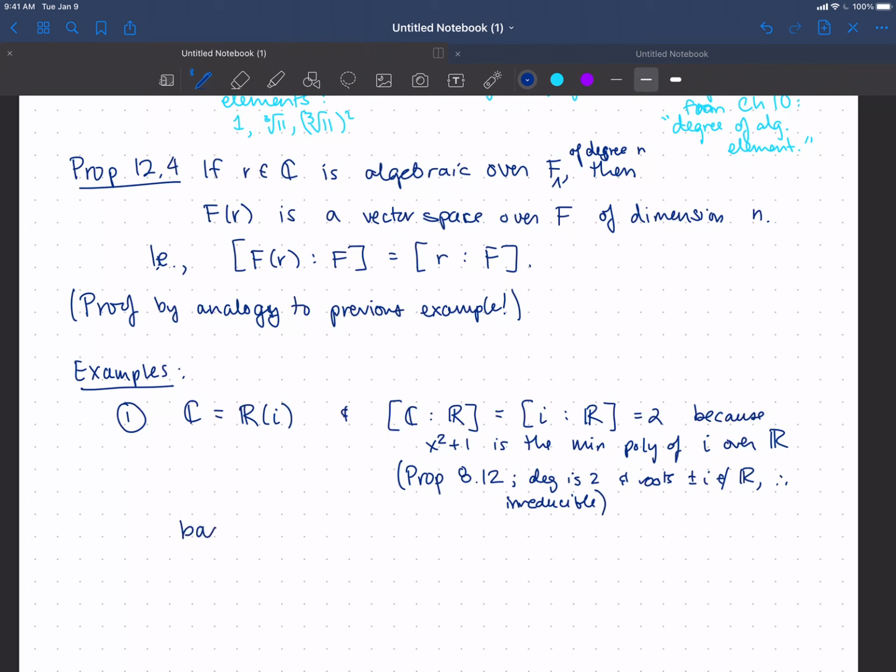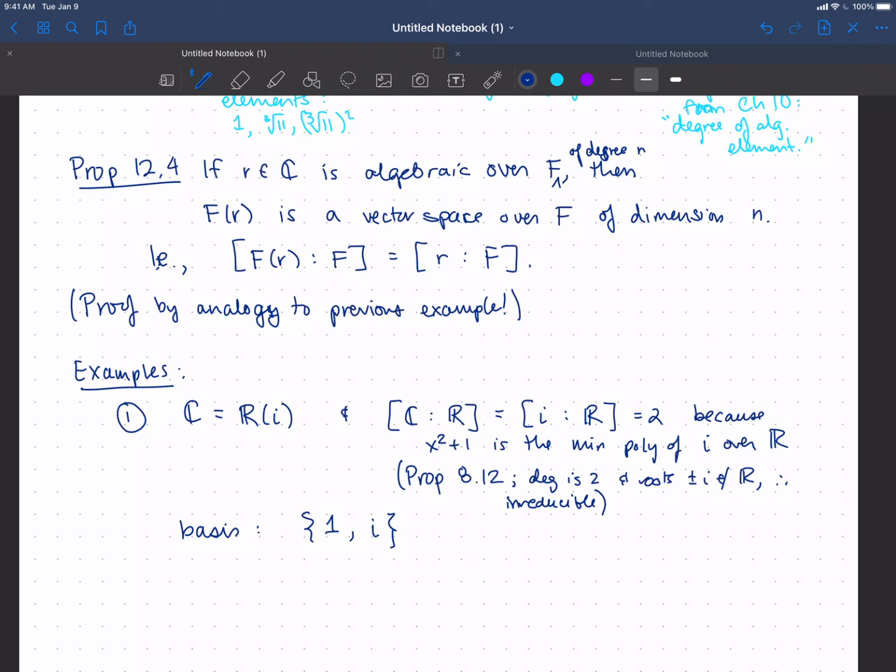The basis for this vector space, if I think about what I need from the proposition 10.8 perspective, I need to get real stuff in there, that's the a, and I need to get the imaginary stuff, that's the bi part. So I use 1 and i as my basis for the complex numbers over R. And this is a way of saying how big is the set of complex numbers relative to the set of real numbers.